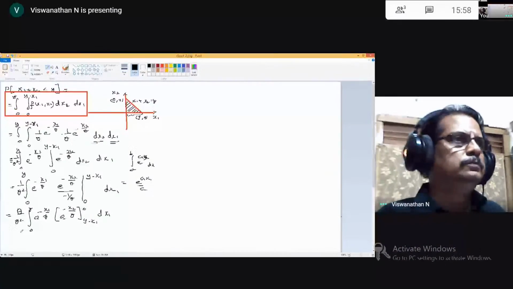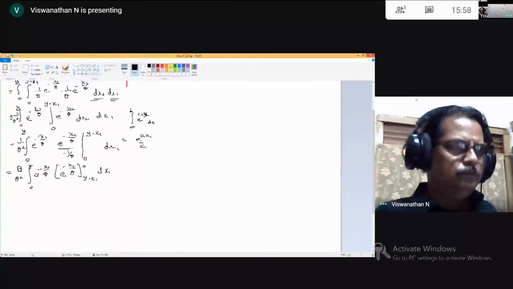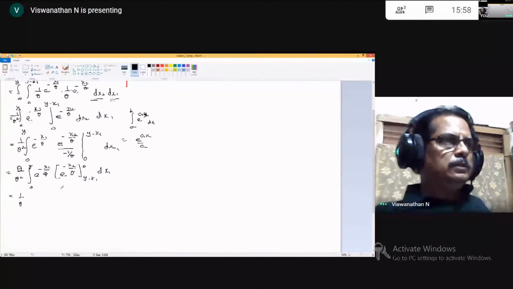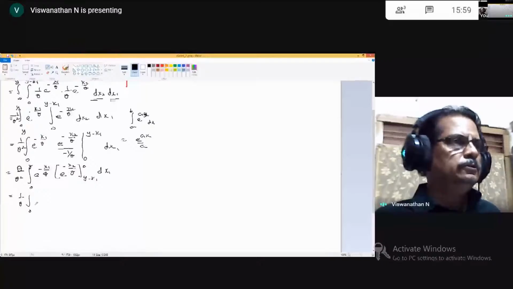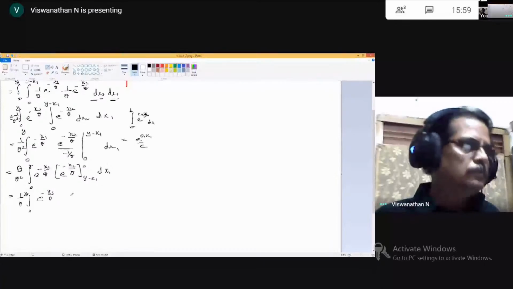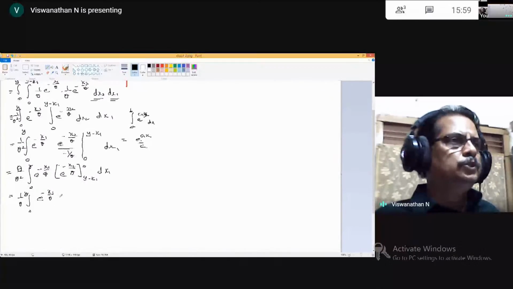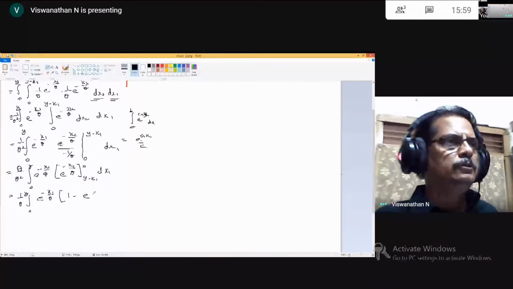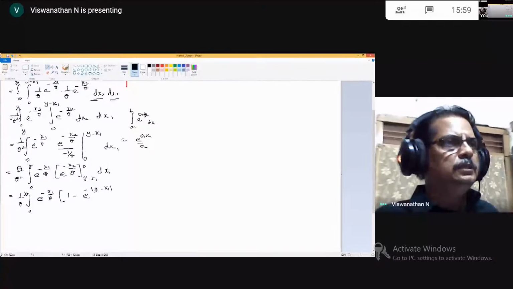This is equal to, now it is 1 by theta, because 1 theta will get cancelled, 0 to y, we have e power minus x1 by theta, and here if you substitute x2 as 0, e power 0 becomes 1, minus, if I substitute y minus x1, it is e power minus y minus x1 divided by theta, dx1.